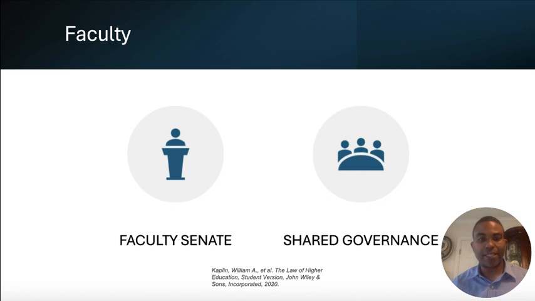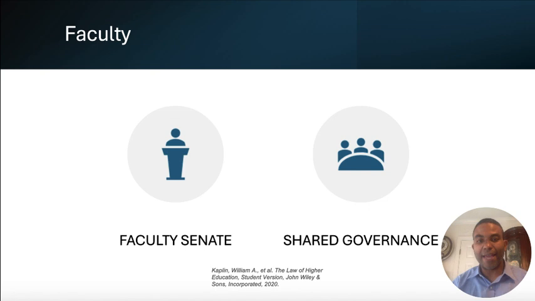The faculty senate meets, in some cases formally, in some cases more informally, but they are, in a sense, a separate line of authority to senior administration, and it's a voice for the faculty as a whole.